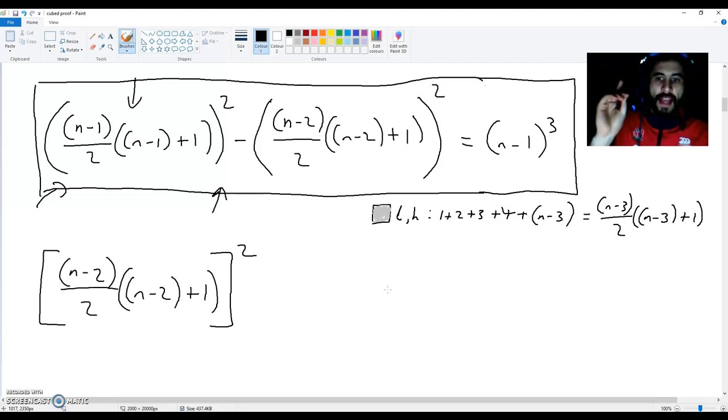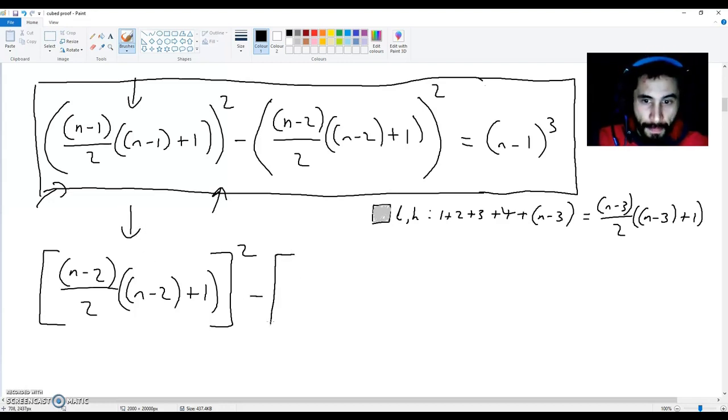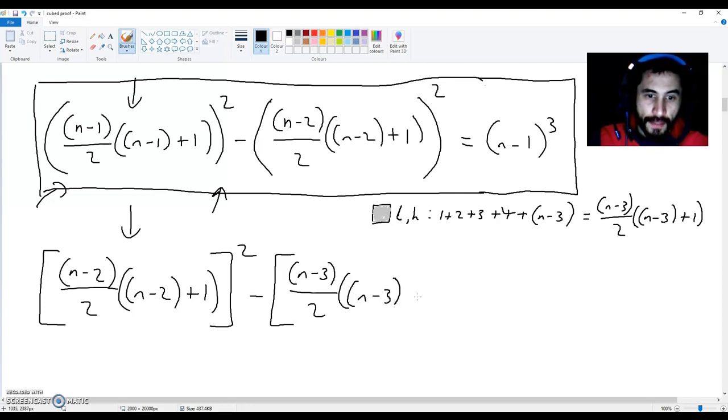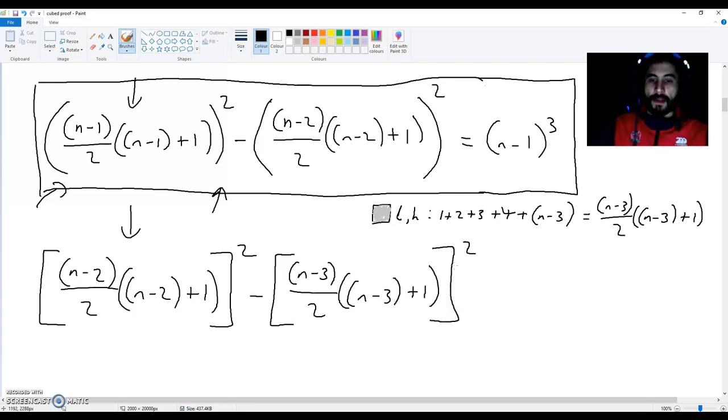Okay? And this means if we subtract the grey square from the purple square, we are going to get this over here minus (n-3) over 2 multiplied by (n-3 plus 1), squared. Okay?